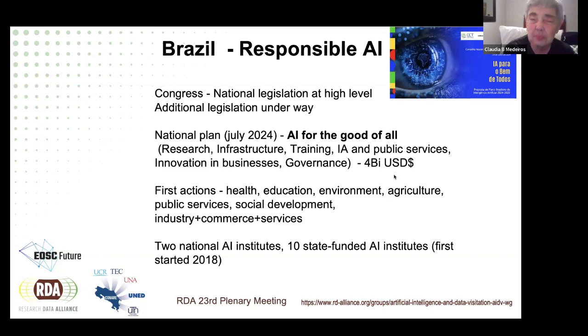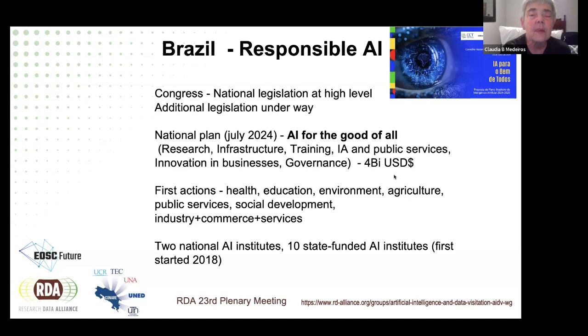And it takes responsible AI into consideration when it comes to privacy and the research.